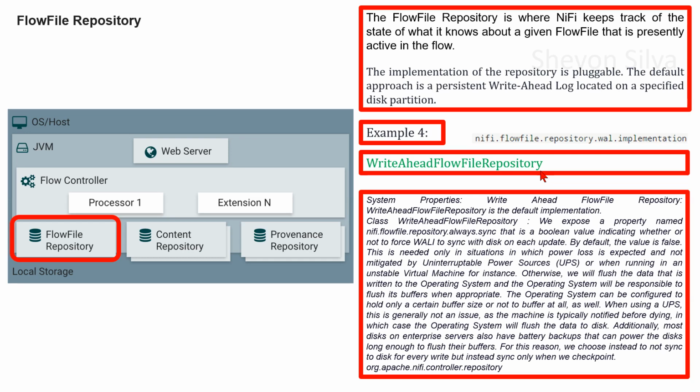The operating system can be configured to hold only a certain buffer size or not to buffer at all as well. When using UPS, this is generally not an issue as the machine is typically notified before dying, in which case the operating system will flush the data to disk.